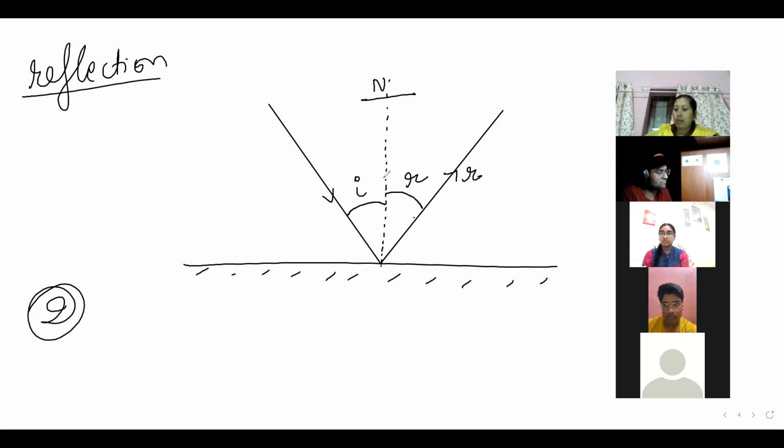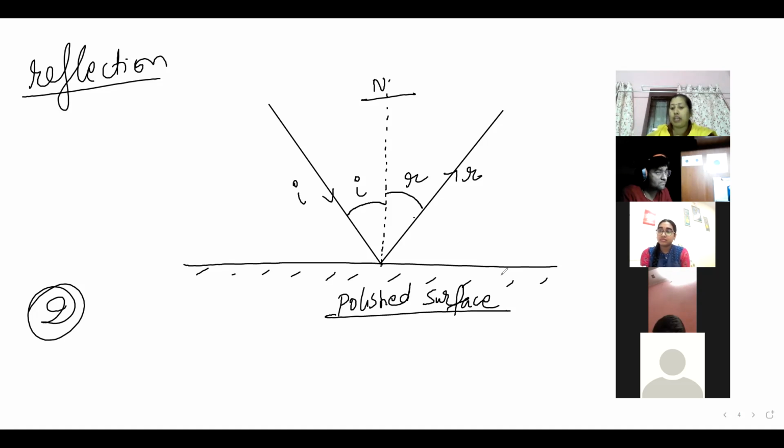The surface should be a polished surface, just like Himal's polished ceramica that we can see. If the incident ray makes a 45-degree angle with the normal, the angle of reflection should also be 45 degrees. The angles should be equal.